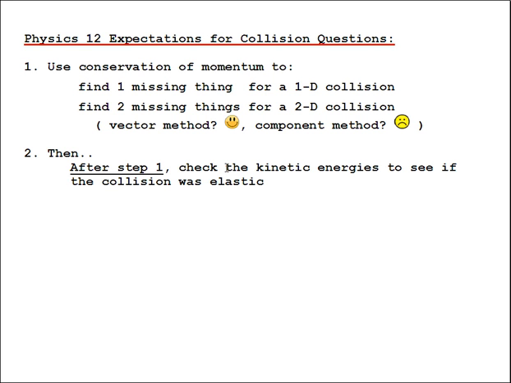Generally, you would want to use the vector method, okay, with, maybe it's even just a right angle triangle with Pythagoras, or sine law and cosine law maybe. Or if you have to use the component method. Most people don't like using that unless they have to, okay, unless there are four momentums, or more than three, let's say that. Then, after you're done finding those missing things with momentum, then you could check the kinetic energies to see if the collision was elastic or not.